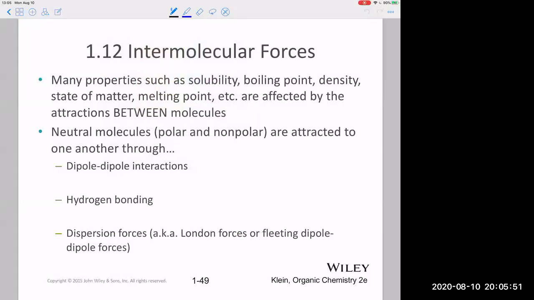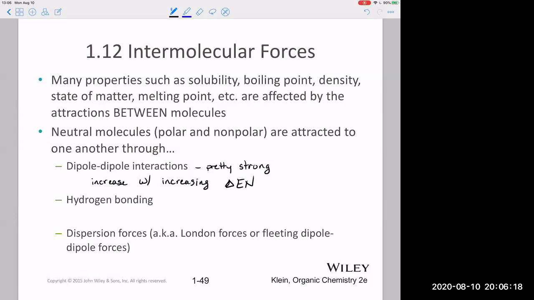Okay, so now let's just summarize here. Your dipole-dipole interactions are pretty strong, and they're going to increase with increasing difference of electronegativity within that polar bond, right?